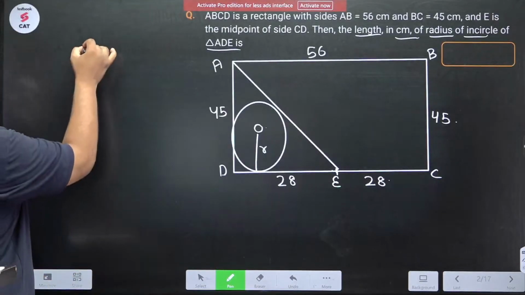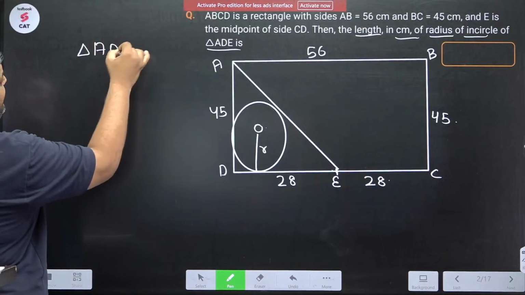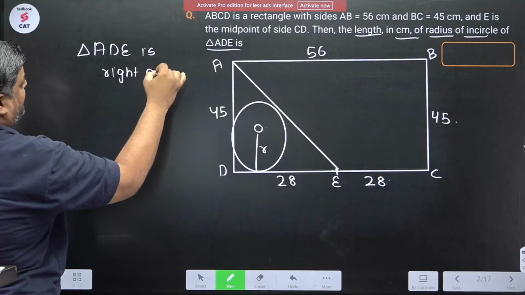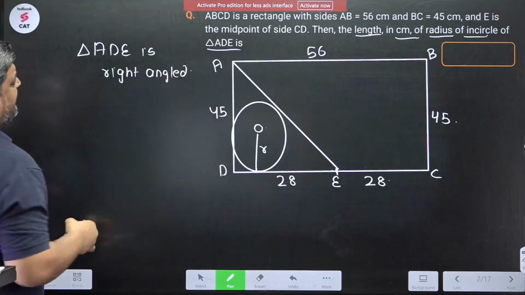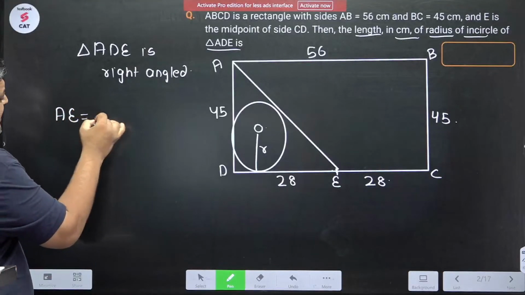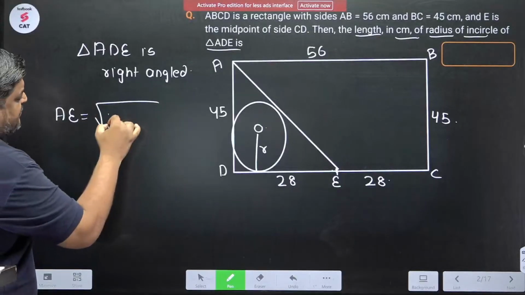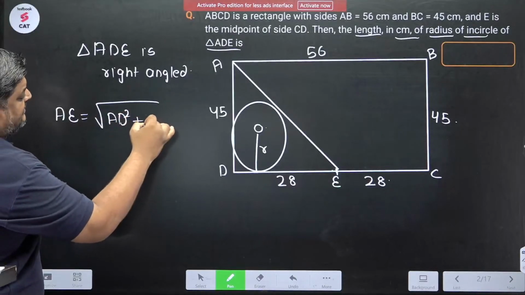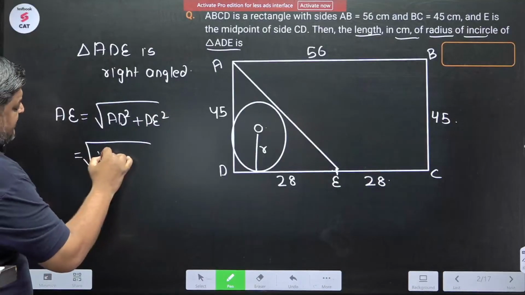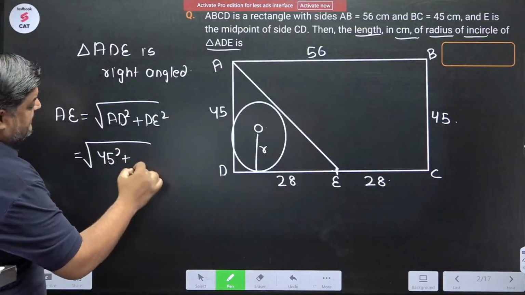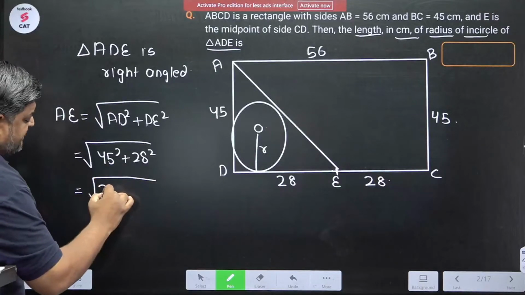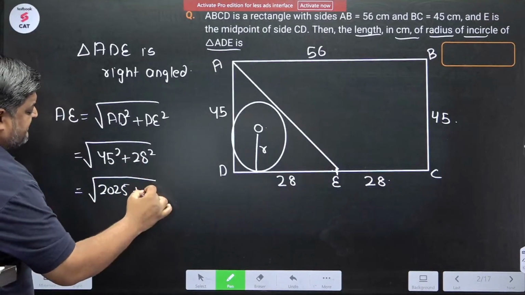Check this out. We know that triangle ADE is right angled. So we can calculate the hypotenuse. AE would be the square root of AD square plus DE square, which is the square root of 45 square plus 28 square. 45 square is 2025, 28 square is 784.